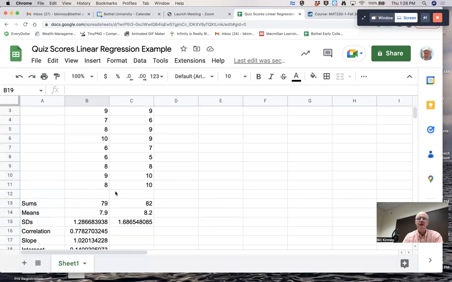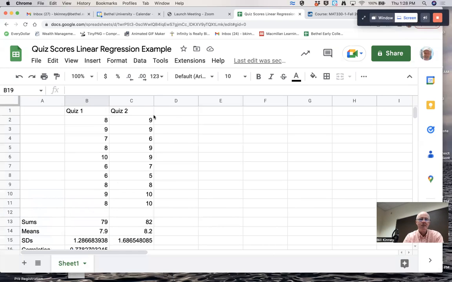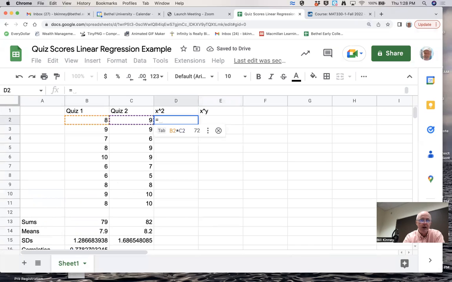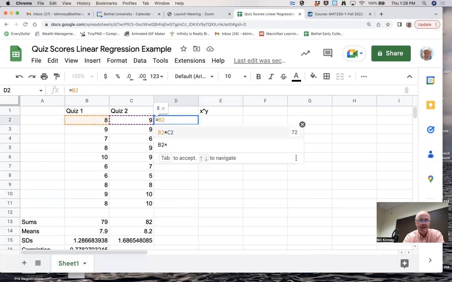Let's confirm, 2 minutes, that the formula in the book gives the same answers for the slope, again, with the spreadsheet. We're going to do more with the spreadsheet next Tuesday. So I'm going to compute a column for x squared. So that's x is the B column. So here you can see I'm typing equals B2 squared.